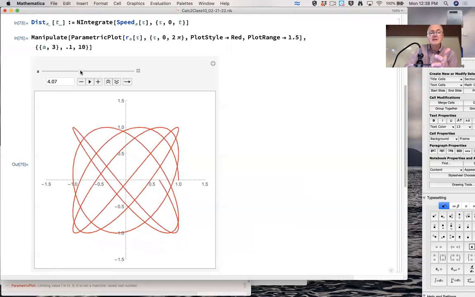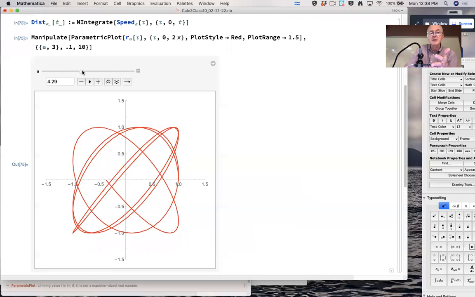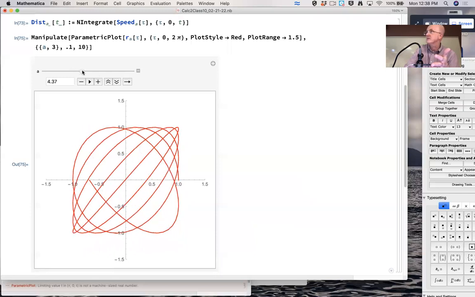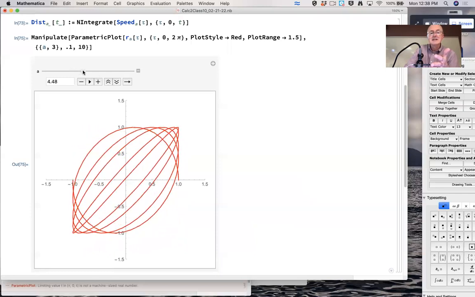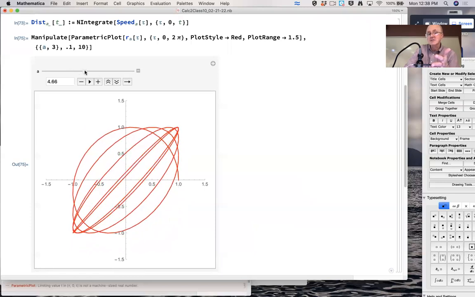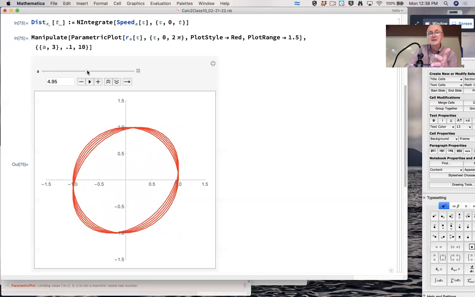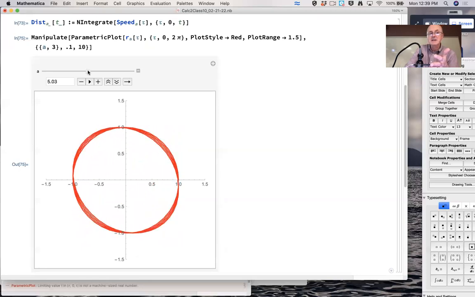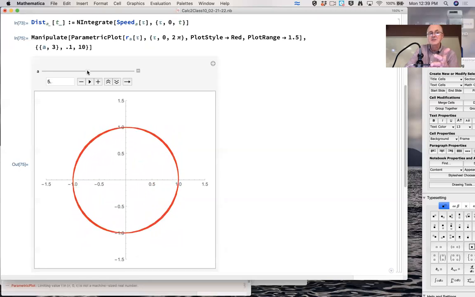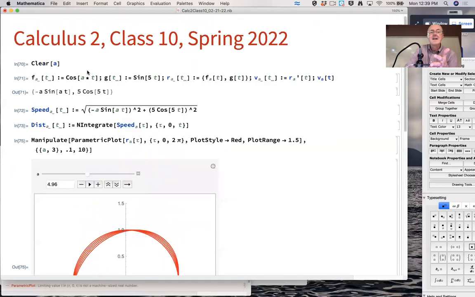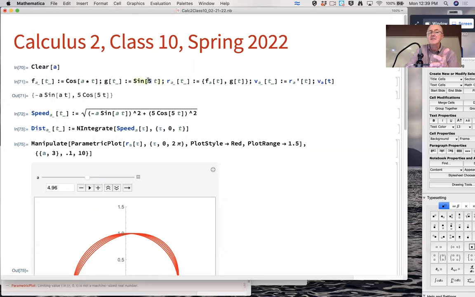And sometimes it's a lot more interesting in terms of being kind of wilder all over the place. So this can lead you to make conjectures about how the value of A affects the graph and why it's simple in some circumstances. A is close to 5 there. Why is it so simple? Because 5 matches the 5 there. That's why.